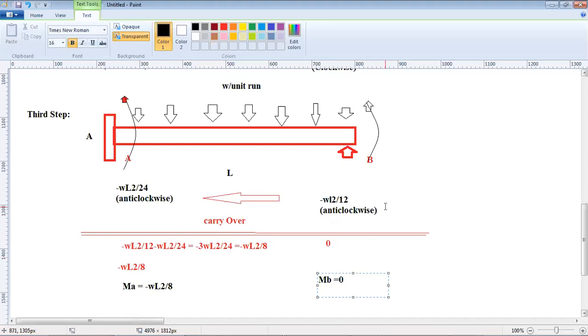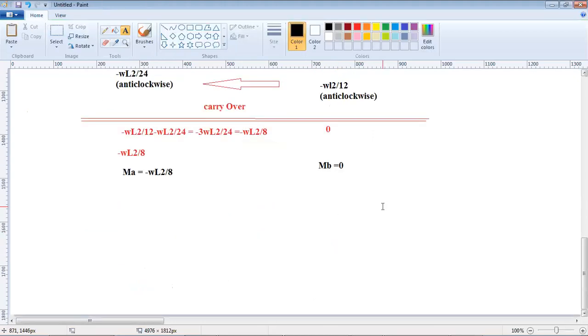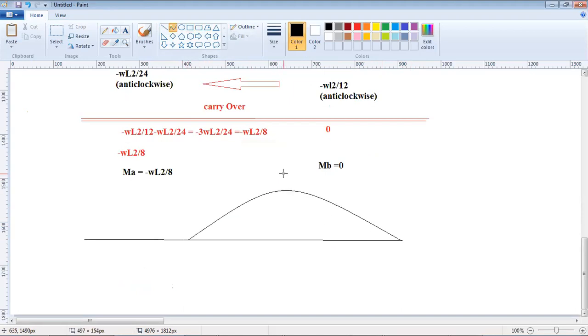This is simply supported. So if you want to draw the moment diagram of this question, it would be somewhat like this.